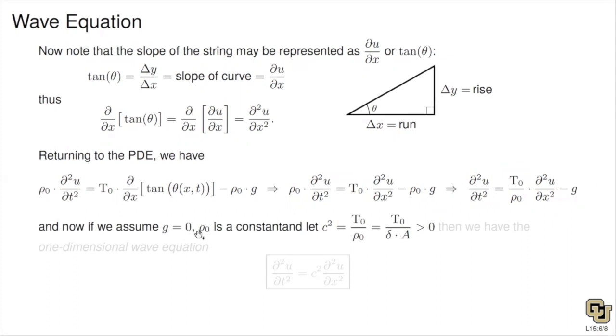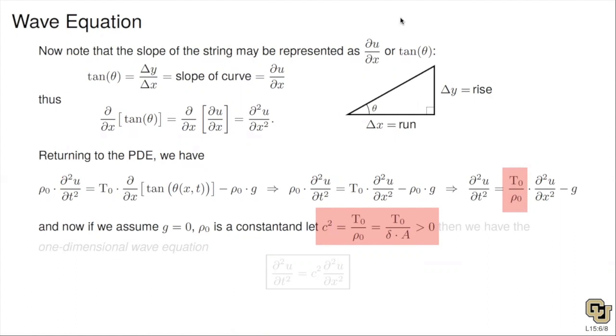So here let g equal 0, assume the density is constant, and just replace this expression here. We're going to call it c squared. Why do we call it c squared? Because if you actually calculate what it is, it should be a non-negative constant. So unlike, I guess even in the heat equation, it had to be non-negative. So here we're just making it c squared.